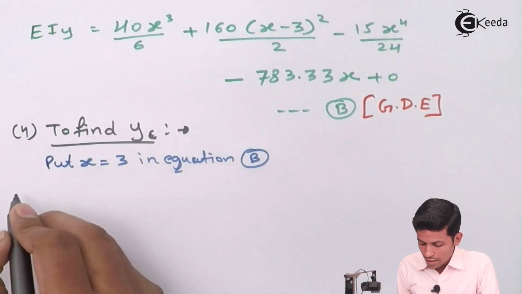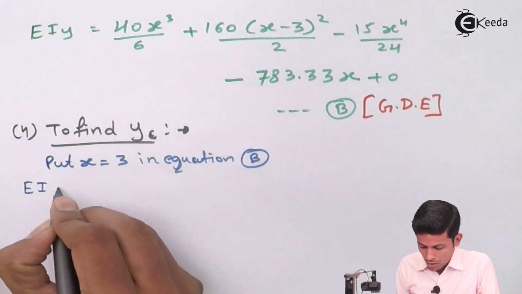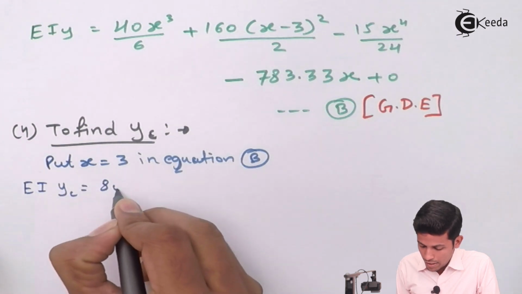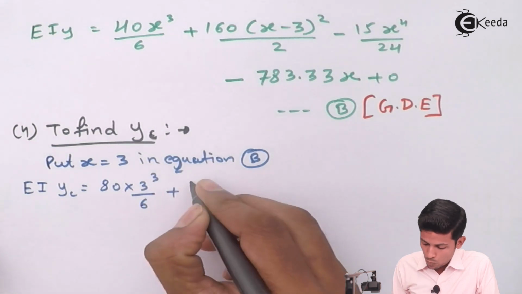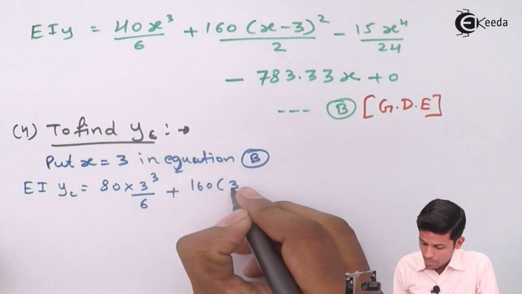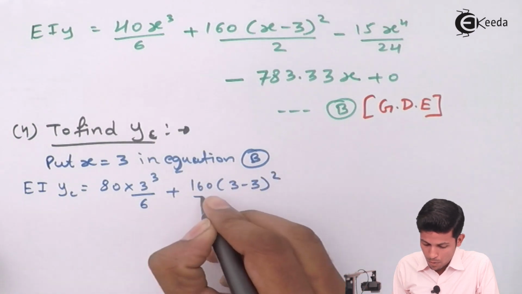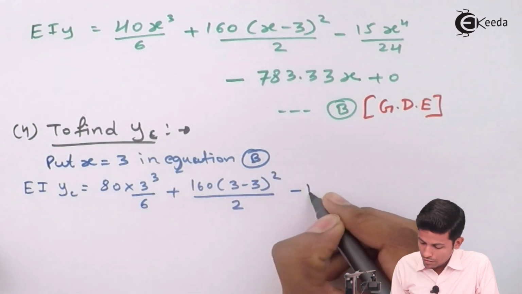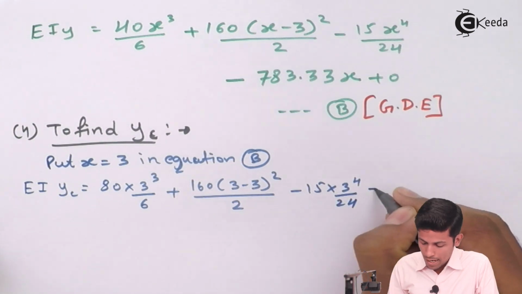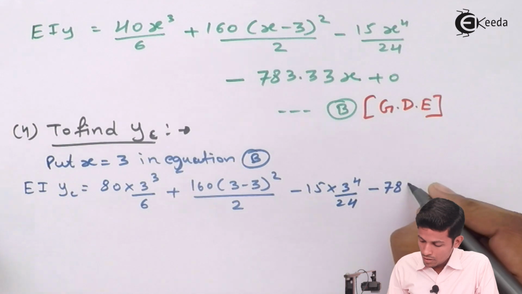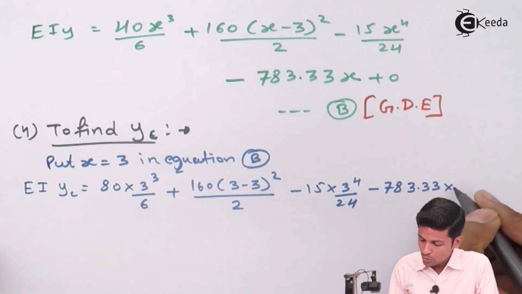So what you will get, EI YC is equal to 80 into 3 raised to 3 upon 6 plus 160 into 3 minus 3 raised to 2 upon 2 minus 15 into 3 raised to 4 upon 24 minus 783.33 into 3.